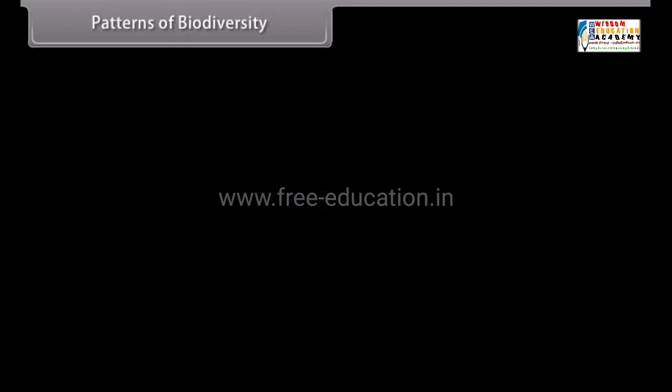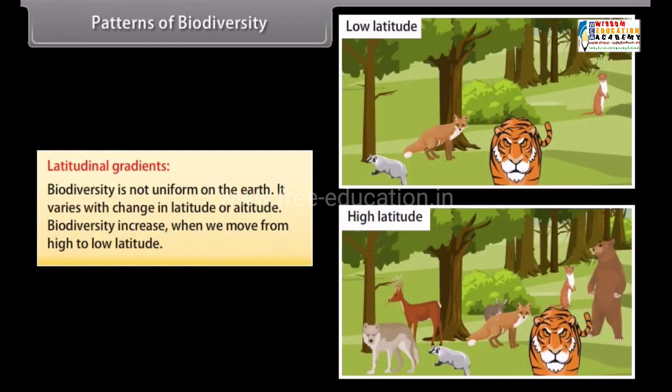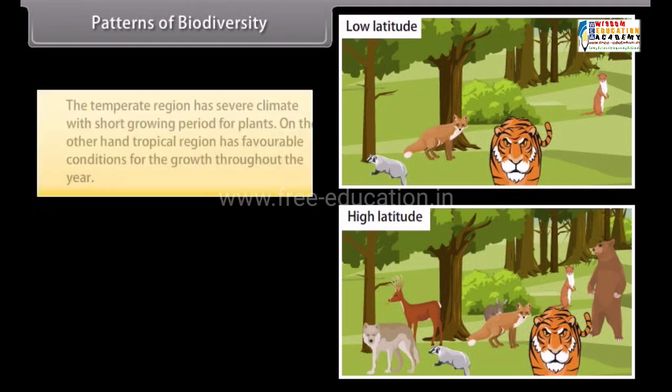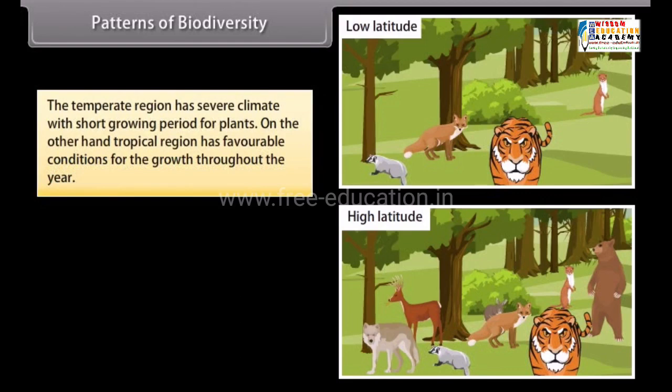Patterns of biodiversity. Latitudinal gradients. Biodiversity is not uniform on the earth. It varies with change in latitude or altitude. Biodiversity increases when we move from high to low latitude. The temperate region has severe climate with short growing period for plants.